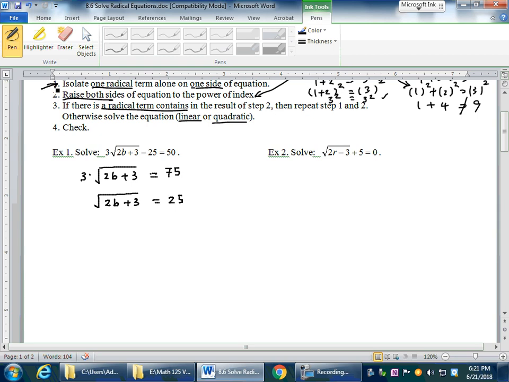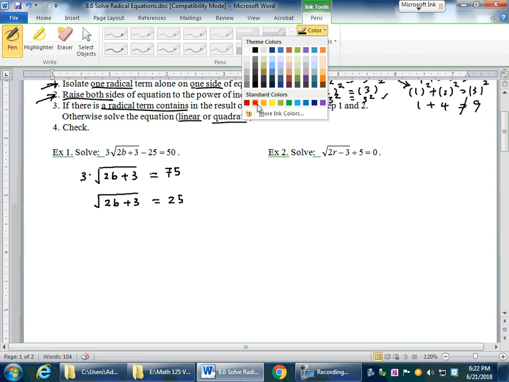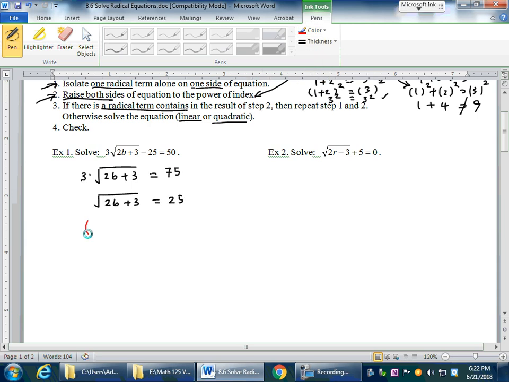So now I'm going to go to the next step, which is to raise the power the same as the index. In this case, since this is a square root, we're going to raise to the power 2 on the left hand side and raise to the power 2 on the right hand side. Try to write it the way that I write it down so that you will not make this kind of mistake.